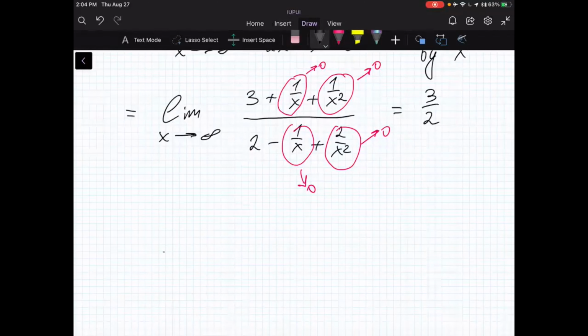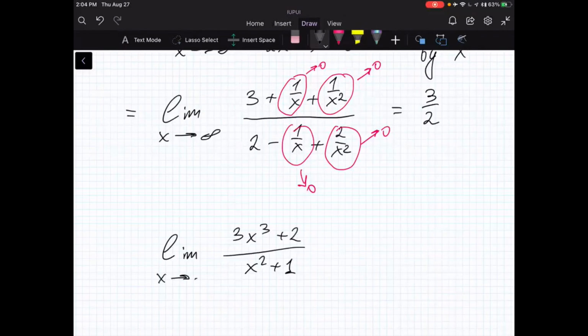You can also think about what happens if you have something like 3x cubed plus 2 over x squared plus 1 when x goes to, say, minus infinity.